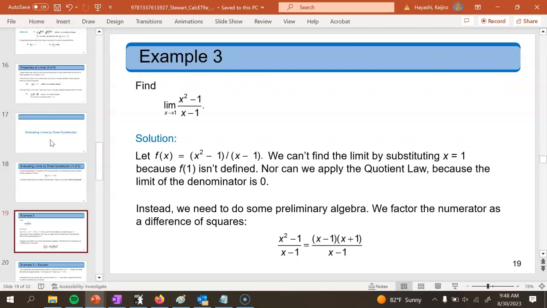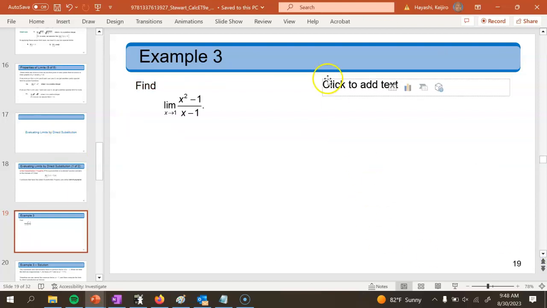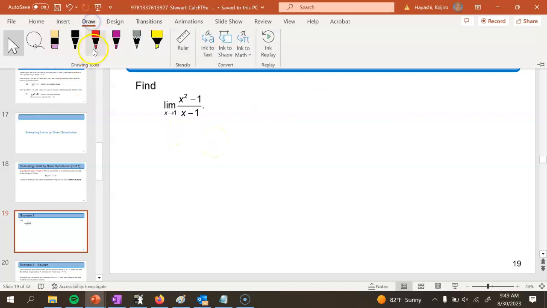Alright, so we're interested in finding out the limit as x approaches 1 of this expression. So the first thing that we're going to do, and that you should always try to do, is to directly substitute 1 for x.